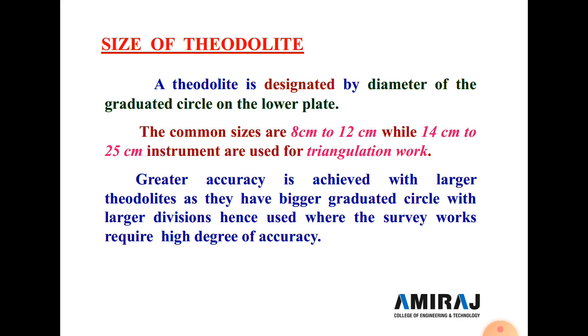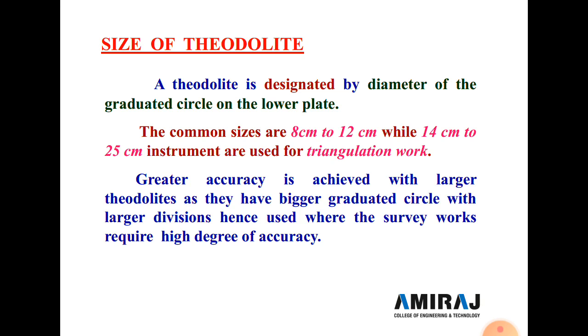Now next is the size of the theodolite. A theodolite is designated by the diameter of the graduated circle on the lower plate. The common size of the diameter of the graduated circle of the lower plate is 8 centimeter to 12 centimeter, while 25 centimeter to 40 centimeter instruments are used for triangulation work. In our college a 12 centimeter diameter theodolite is there.